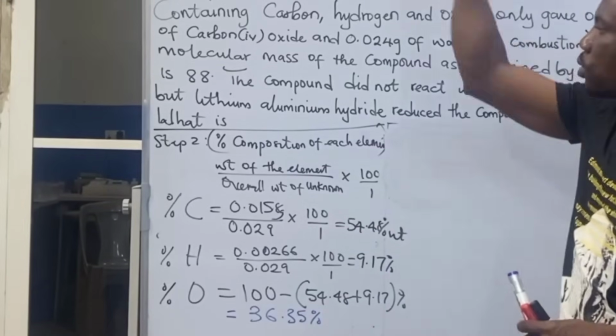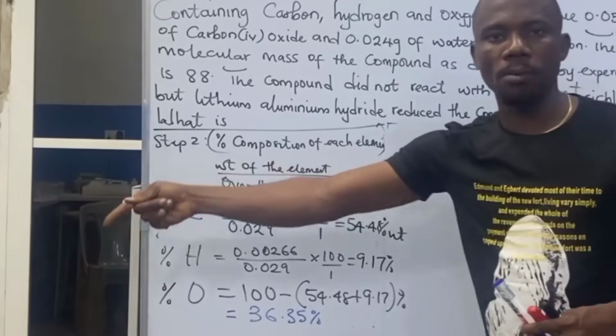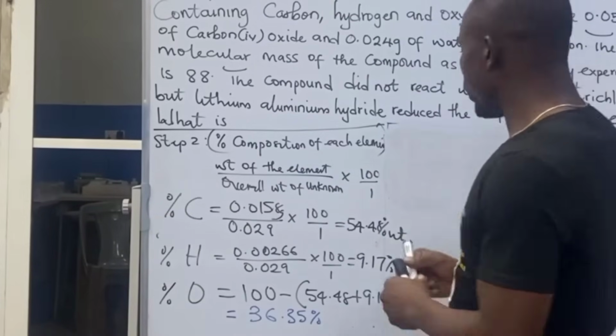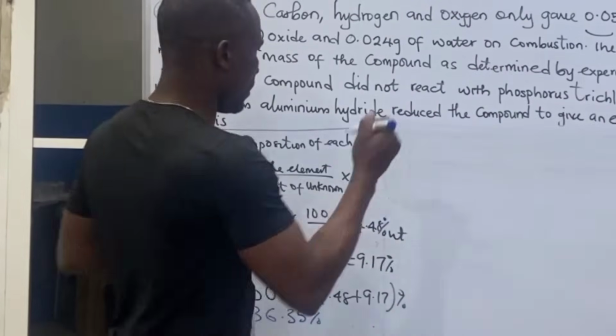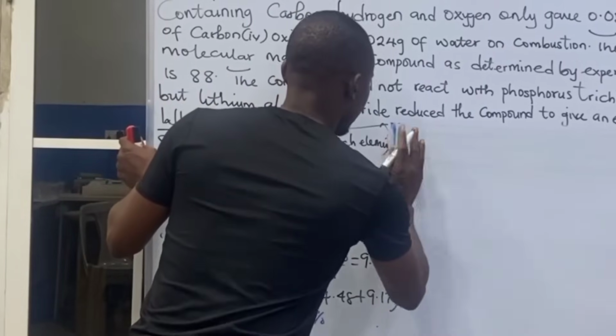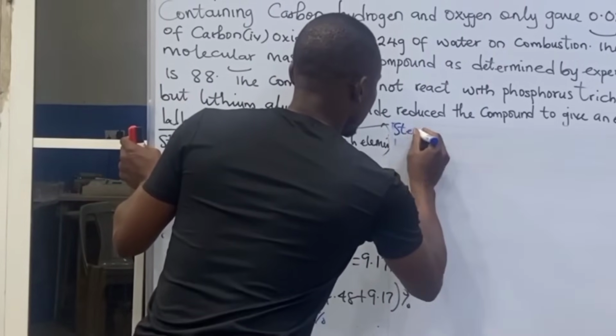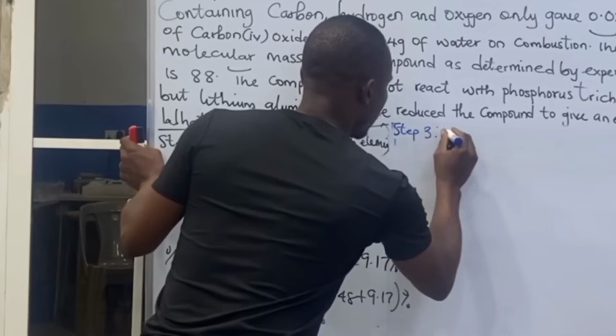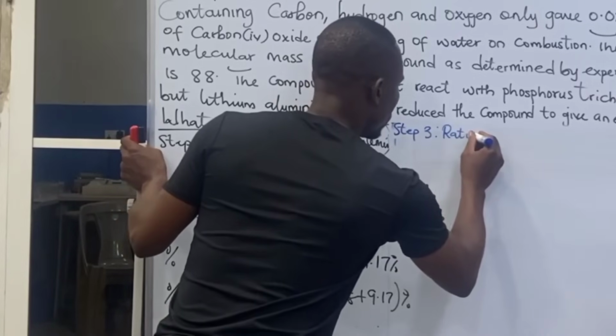But we need to move to question B, which is the empirical formula. Going through that, we have to go to our next step, which is the ratio. Step 3, ratio.